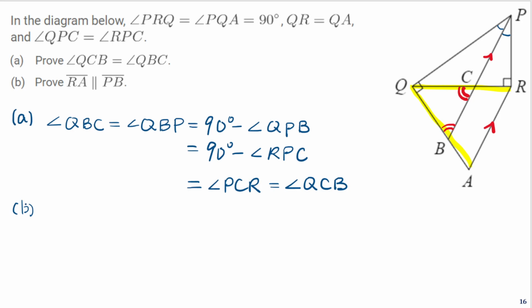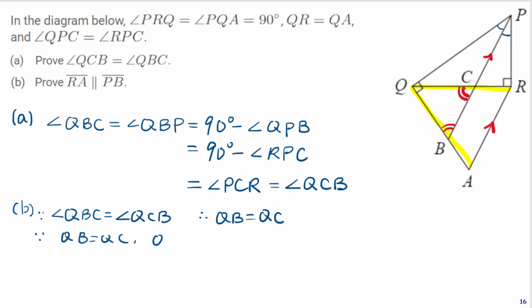Okay, let's have a look at the solution. Because angle QBC equals angle QCB, right? We have just proved that. Then we have QB equals QC. And because QB equals QC, and also QA equals QR, we have QB over QC equals QA over QR, right?